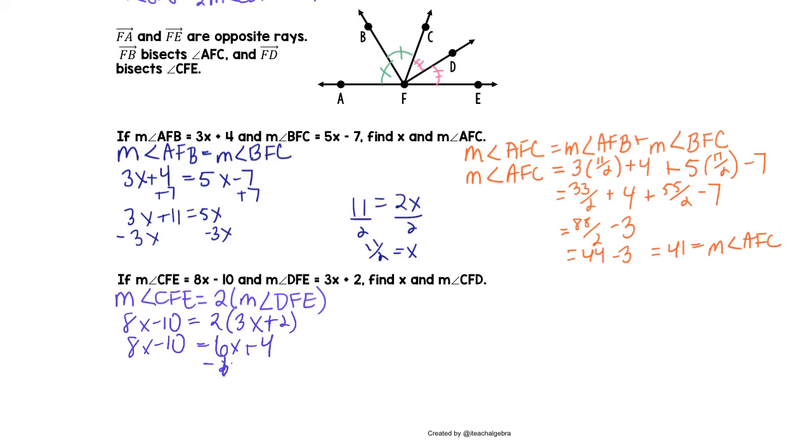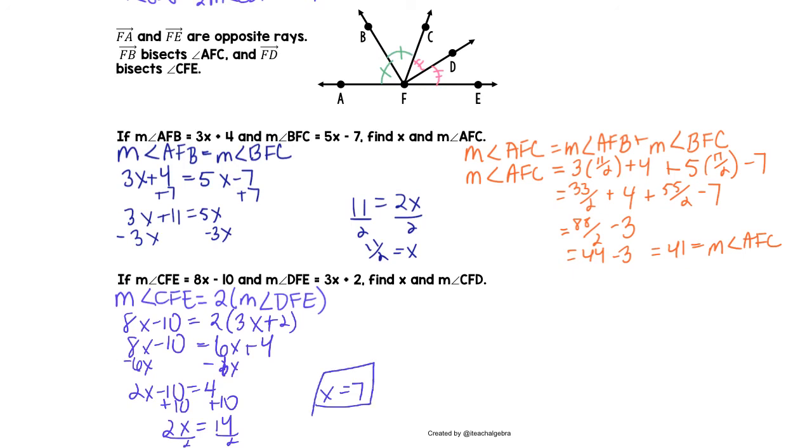Let's subtract that 6x from each side, and we've got 2x minus 10 is 4. You can add 10. 2x is 14. Divide by 2, and x is 7.